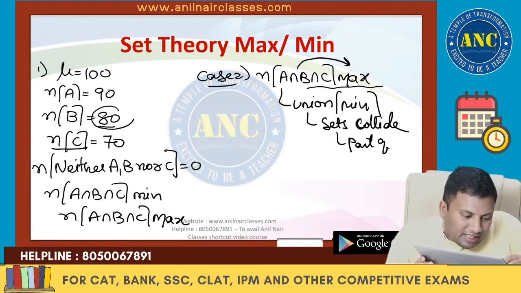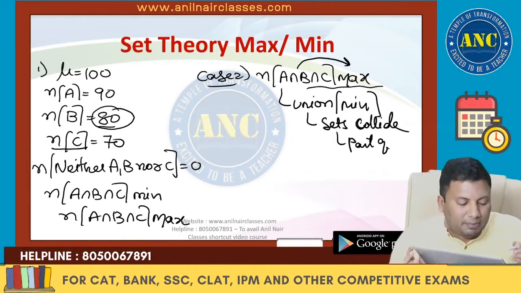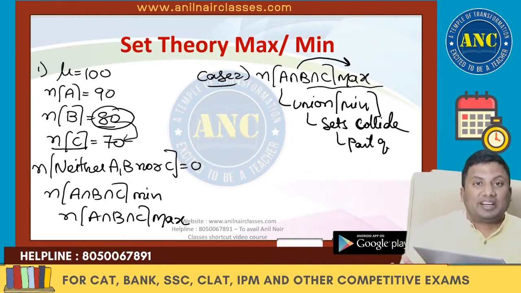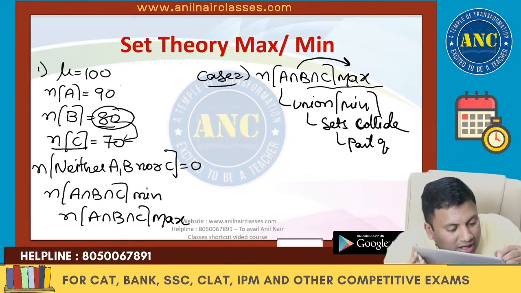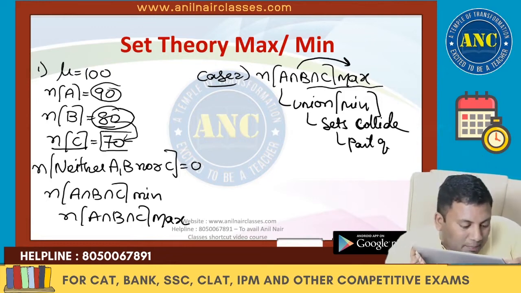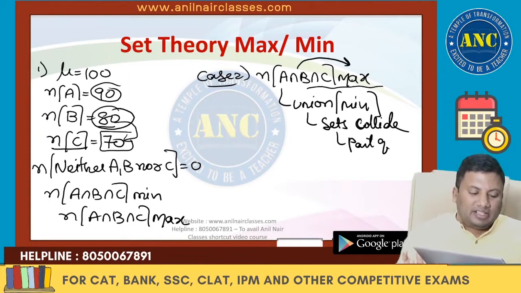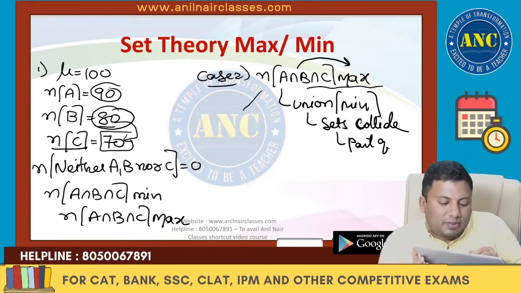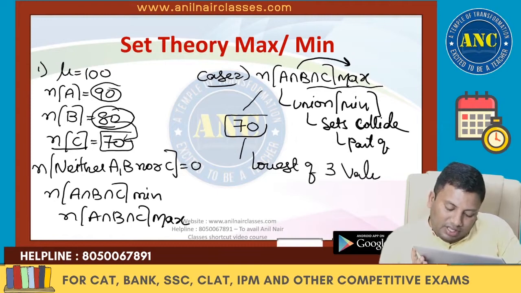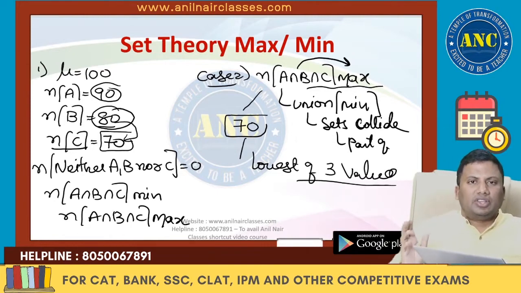In these 80 people who like subject B, if I make 70 people who like subject C, automatically I will get maximum. In the 90 people, if I make 70 people also like subject C, I will get the maximum. The answer is nothing but 70, which is the lowest of the three values.